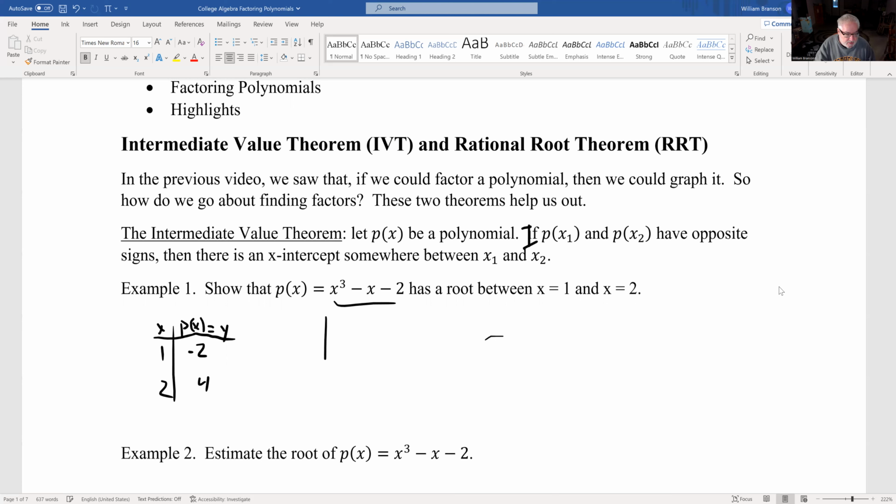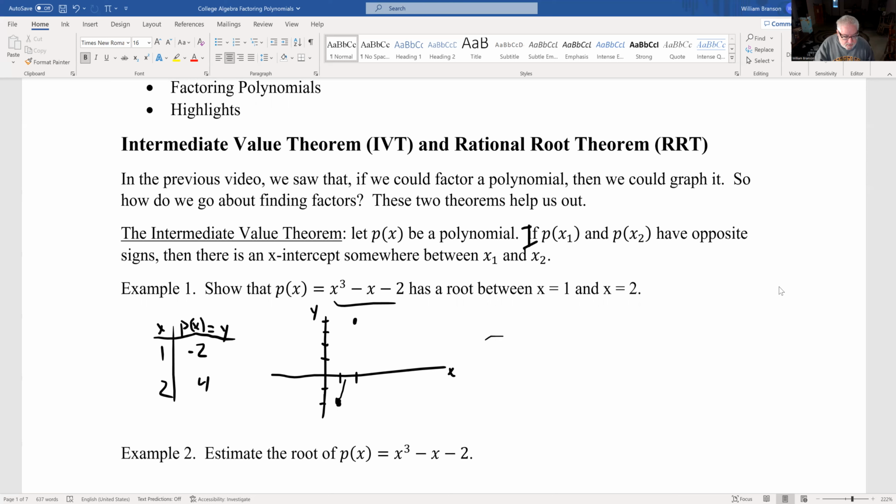So if we graphed our polynomial, what would that give us? Here's our x-axis, here's our y-axis. One point on the graph is x equals 1, y equals minus 2. And one point on the graph is x equals 2 and y equals 4. So the graph goes through these two points, but one is below the x-axis and one is above the x-axis. So what has to happen?